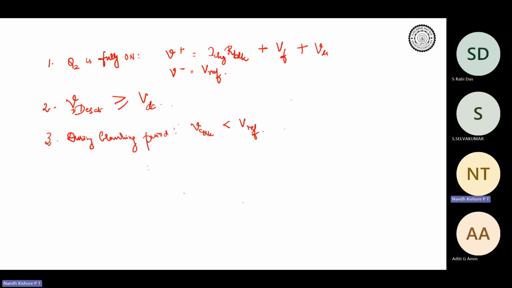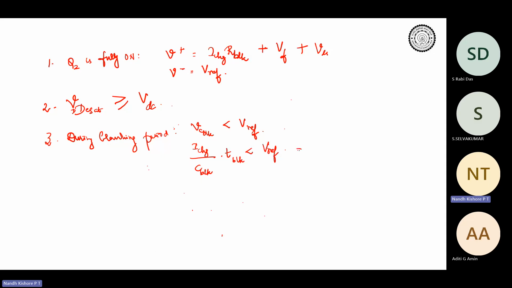VC BLK is simply I charge by CBLK into T, which should be less than VREF. T BLK, or T2, whatever you want to call it, the time interval is T BLK. You should ensure this, therefore you will size your capacitor accordingly.